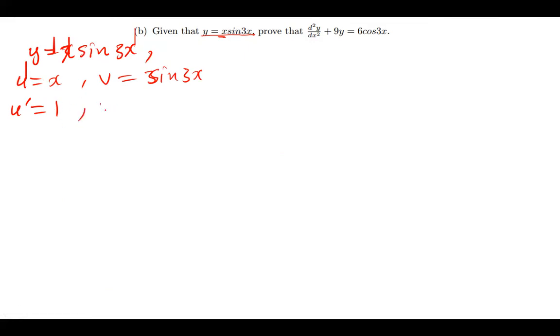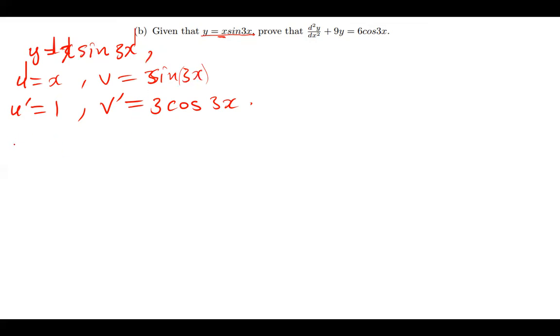And to find v prime, you're going to have 3 cos 3x. The derivative of sine is cos, and the 3 comes from differentiating the 3x.